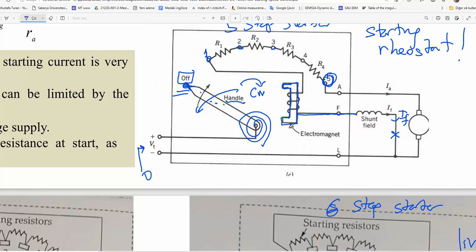Perhaps there's a locking mechanism keeping the handle in its off position. First of all, there must be some field current different than zero to produce a magnetic field. Otherwise, there will be no induced torque inside the machine. You cannot increase speed. So here is something to check field current.